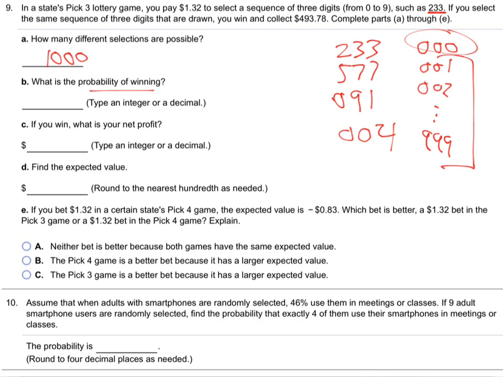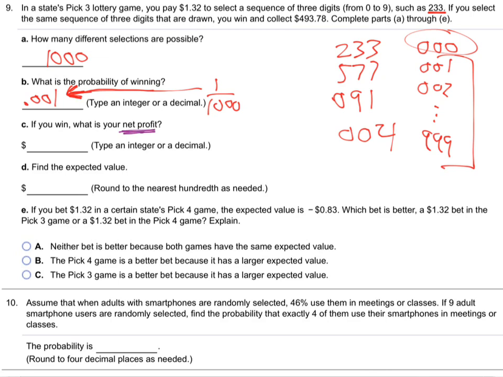What's the probability of winning then? 1 in 1,000, which comes out 0.001. If you win, what is your net profit?